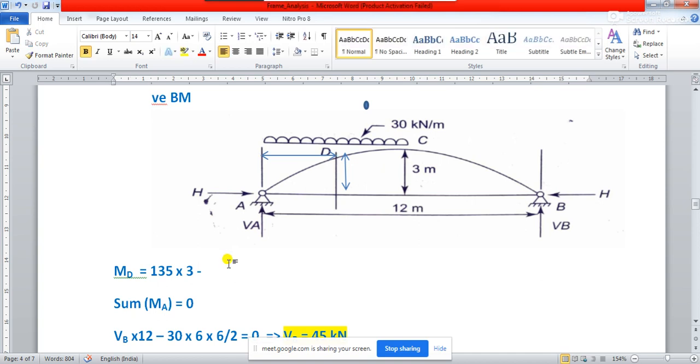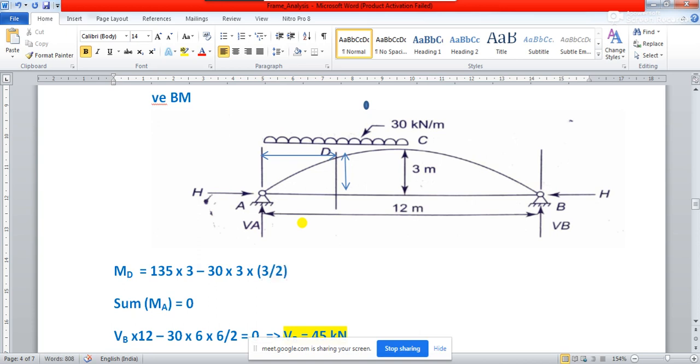So 30 into 3, this is the total load, and it will be acting at a distance 1.5 meter or 3 by 2 from this point D, because for this portion it is 30 into 3, then it will be acting at half of the distance from here. So it is going to be 3 by 2.